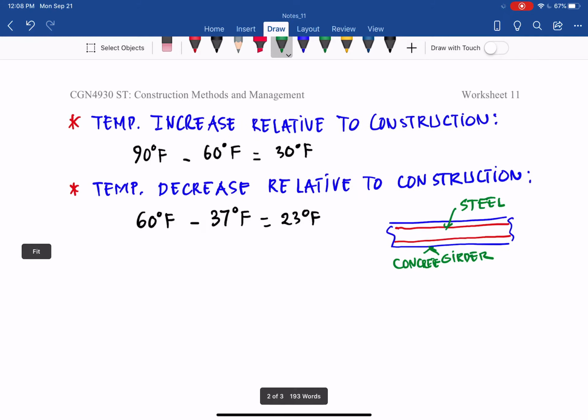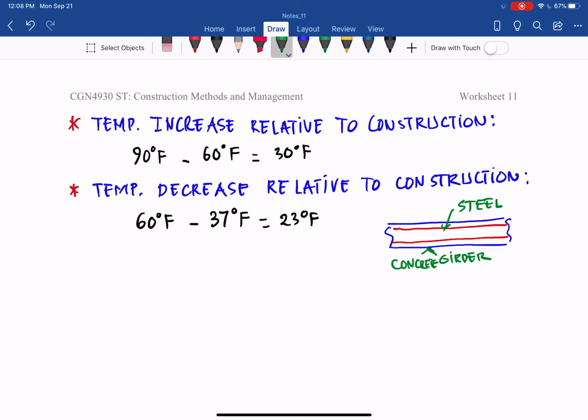From there, we can find the elongation and the contraction for each of the materials. So first, for concrete, we need to find the maximum elongation of concrete.